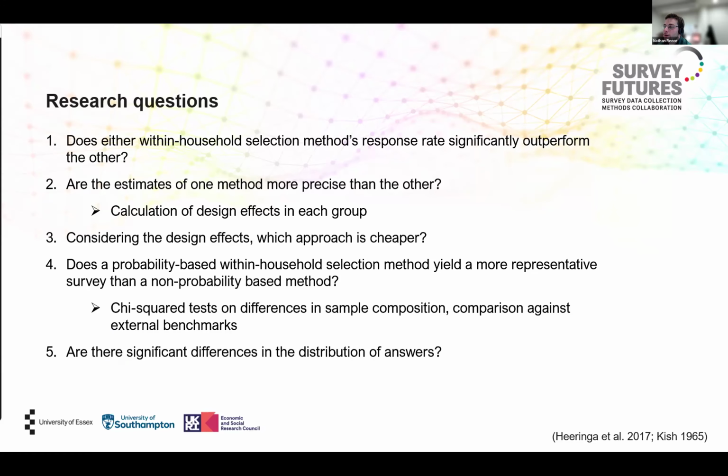Once we figured out the design effects, the third research question is which method is cheaper? We also want to know generally, does the next birthday method, which is more probability based in theory, yield a more representative sample? So we looked at sample composition, and then also whether there were any significant differences in the distribution of answers.